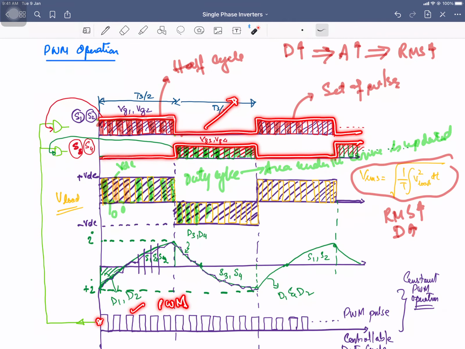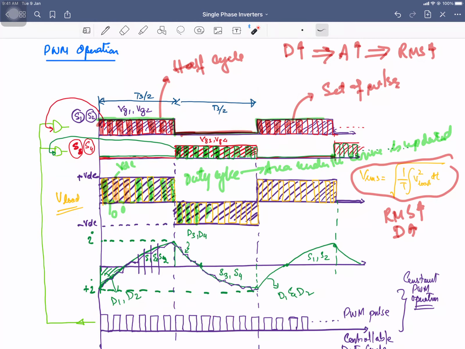So this constant voltage gate signal represents your output frequency, right? And if you take a high frequency signal that is shown over here, and perform the AND operation of this pulse with the constant gate voltage signal, that constant gate voltage signal will be converted into the PWM signal.